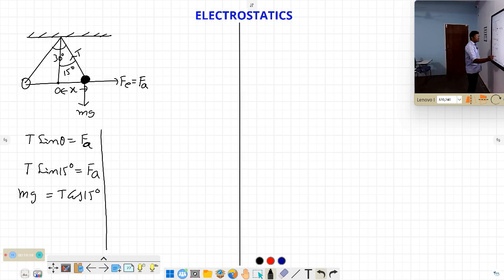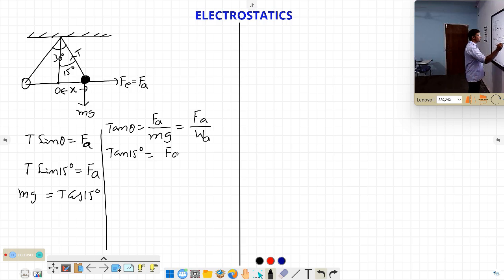So using these two we have a relation, that is tan theta, which is equal to the force between the two charges in air by the weight of the body, mg. So I can write Fa by weight W in air. Now theta is equal to how much? 15 degrees. So tan 15 degrees is equal to the force between two charges in air by W. Equation number 1.